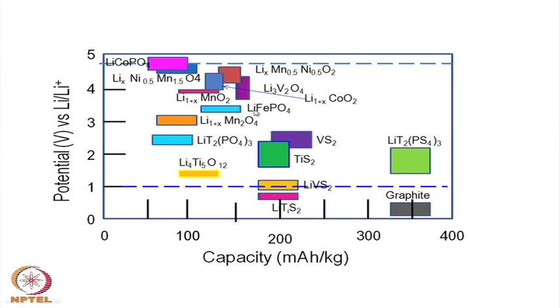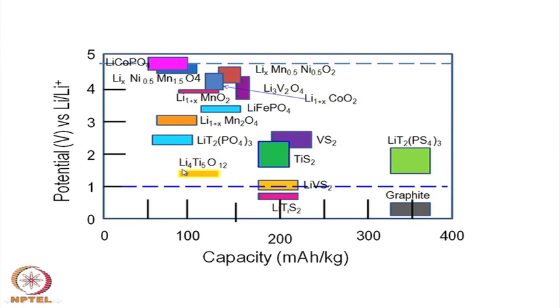So, you can see here is your lithium iron phosphate compared to this. This is 1.5 volts and this is close to about 3.5 volts, so it becomes about 2 volts or 2.5 volts. Then this couple is another one, and this couple is another one.